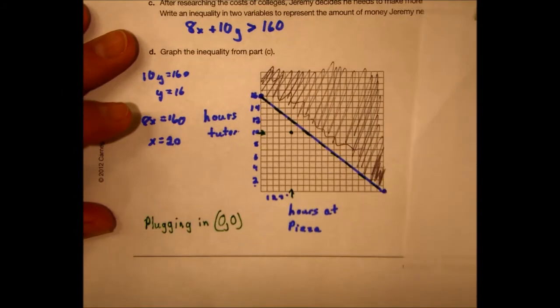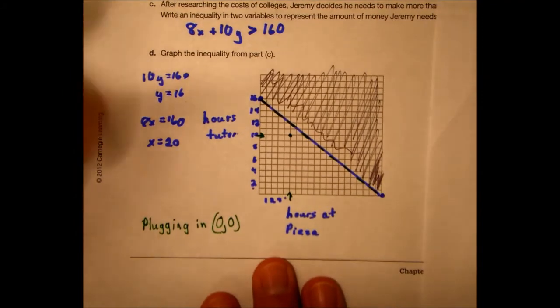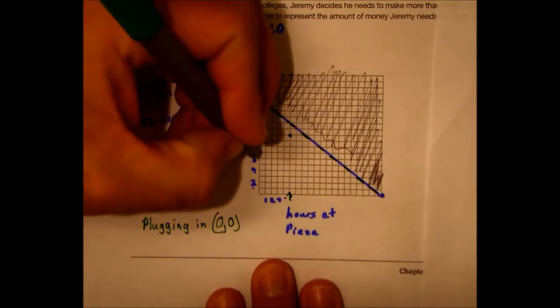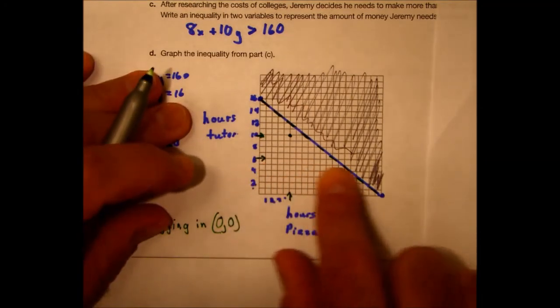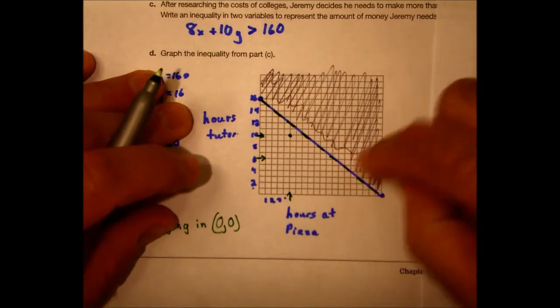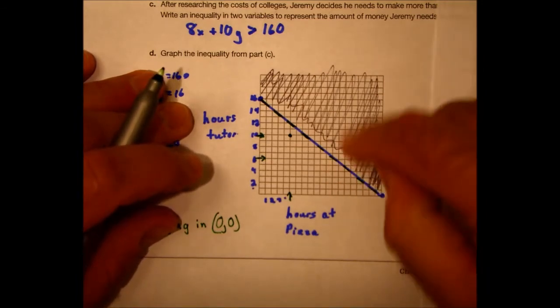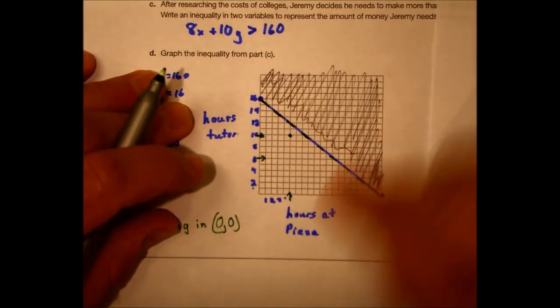Due to days off from school, Jeremy will only be tutoring 6 hours this week. Use the graph to determine the least amount of full hours he must work at the pizza place to reach his goal. So now I go to tutoring, which is my y, and I go to 6 hours. And I'm going to look all the way across my graph. And he needs to work how many hours to be on the other side of the line at the pizza place?